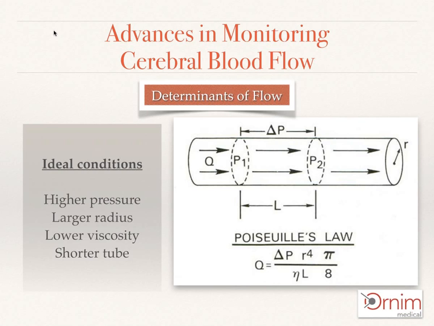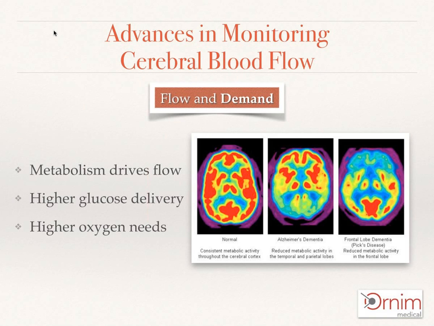So if you go back to Poiseuille's law and you think about ideal conditions and what kind of factors influence flow, such as pressure, radius, viscosity, and tube length, the ideal determinants of flow are a higher pressure, a larger radius, a lower viscosity, and a shorter tube length. Remember that metabolism drives flow, and metabolism of the brain depends upon glucose delivery.